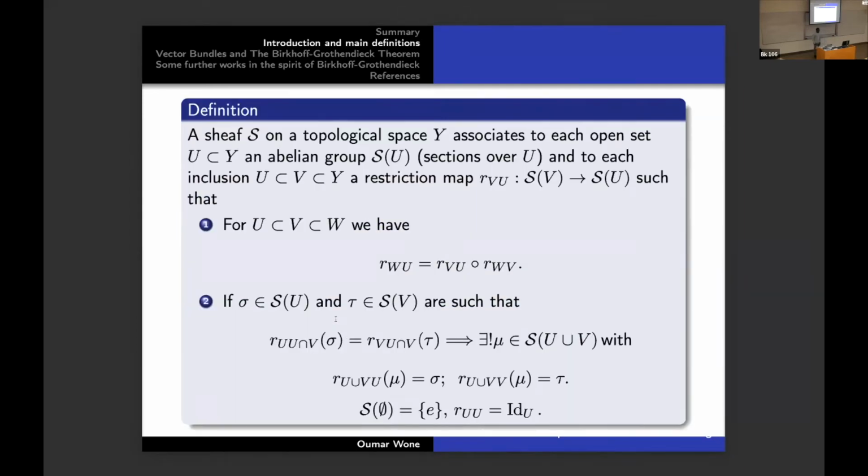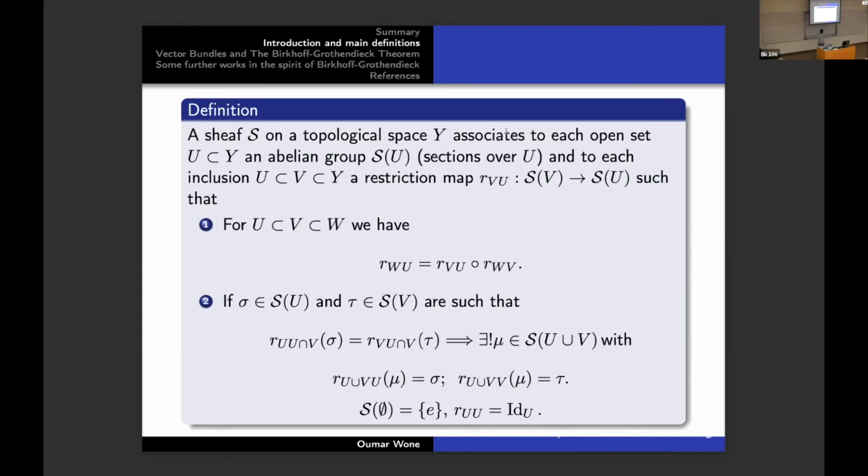Now we introduce the notion of sheaf. It is probably well known to everybody. A sheaf S on a topological space Y associates to each open set U of Y an Abelian group.